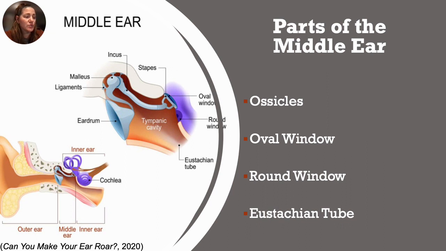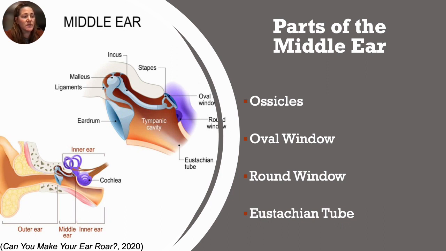Here you can see a zoomed in portion of the middle ear. In the lower corner, we have more of the entire portion of the outer, middle, and inner ear, and then here we have our zoomed in portion of our middle ear.